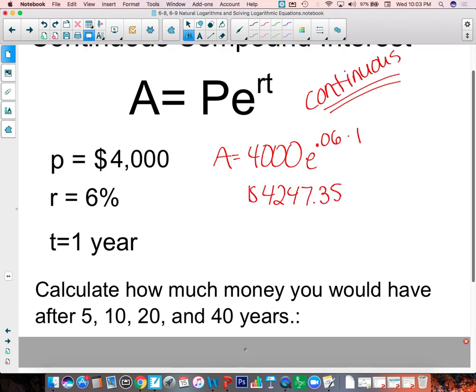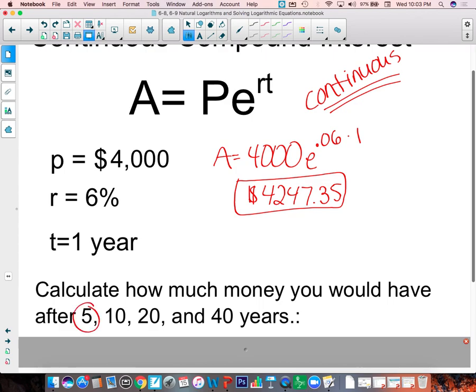So I think that I get more money with continuously compounding interest versus the monthly or quarterly or something like that. Continuous is better. So when you see an account that says compounding continuous, you want that.